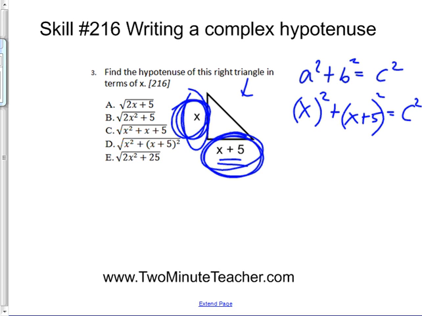And again, if I'm trying to find C, I have to get my answer by taking the square root of both sides. So now, a really common mistake is people think, oh, when I take the square root here on both sides, first of all, a lot of times they forget that the answer comes out to be absolute value of C, which means the answer is plus and minus the square root of all of this, x squared plus x plus 5 squared.